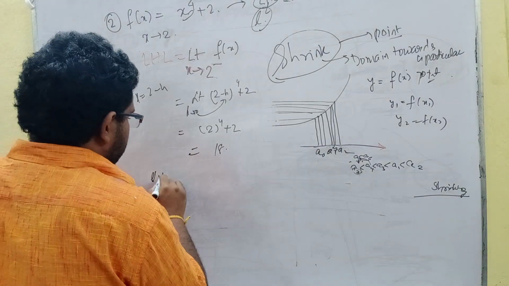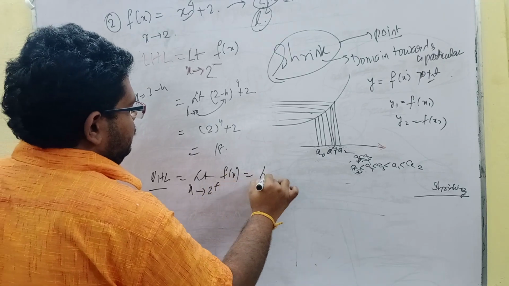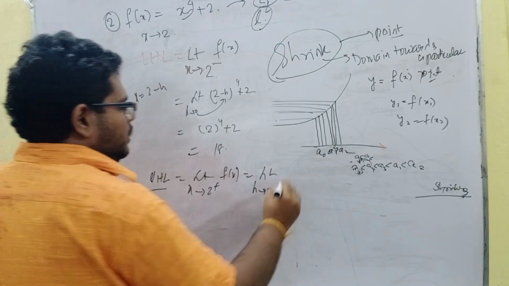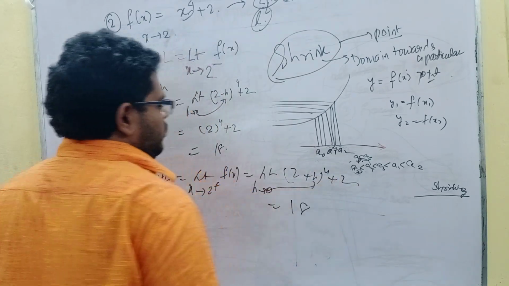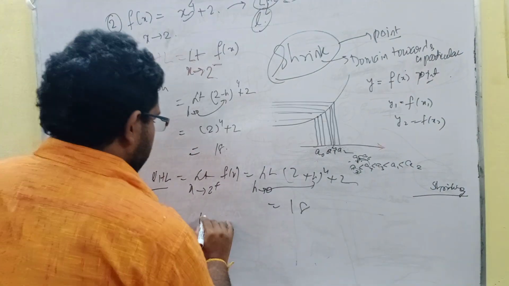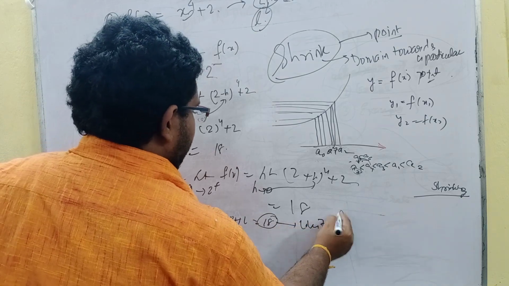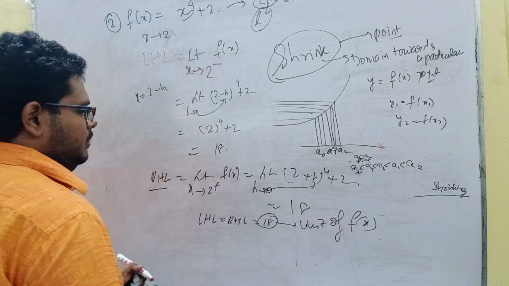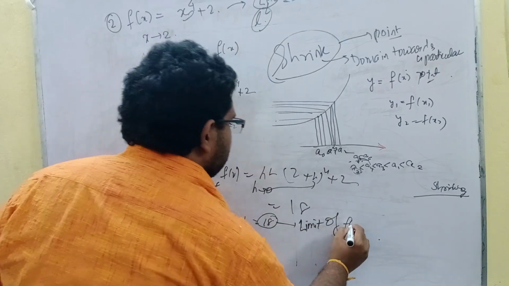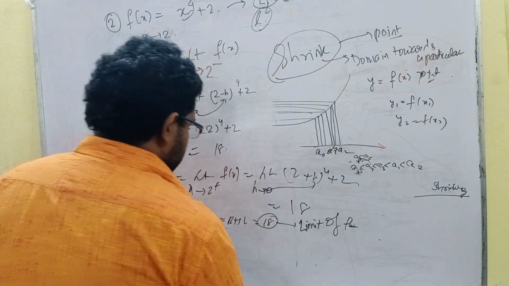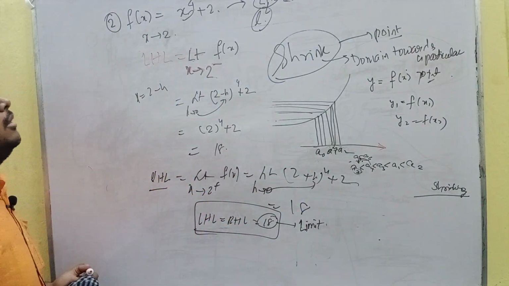Now the RHL is the same, limit x tends to 2 plus of f(x), limit h tends to 0, 2 plus h whole to the power 4 plus 2. This is 18 again, because if we put h equals 0, it is coming 18 again. So LHL equals RHL is 18, and this is the limit of f(x). It's simple, this is the limit of this function. This is what we are trying to analyze.